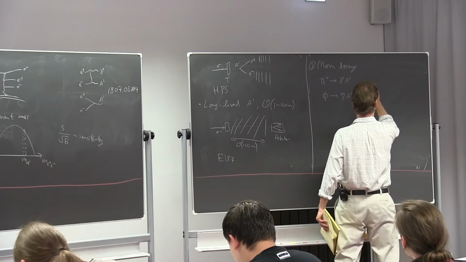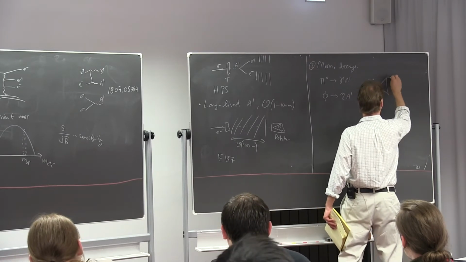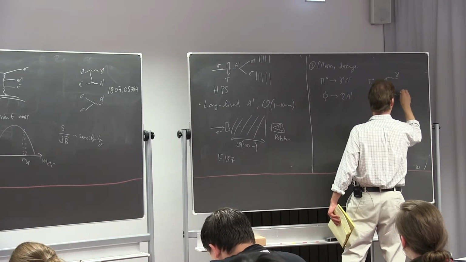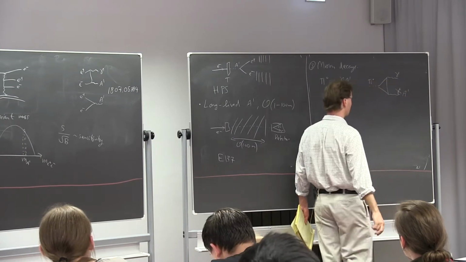And again, what you can do is wherever you've got a particle, like a pi 0, that is able to decay to 2 photons, you can replace one of these photons and make it a dark photon.